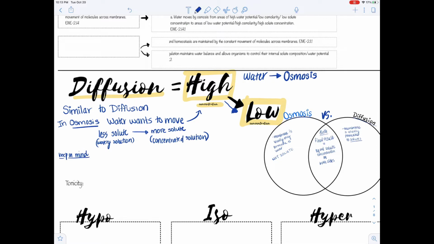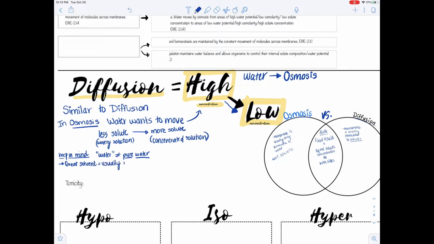Now, we also want to keep in mind that anytime we're referring to water, this is not equal to just pure water. Because water makes such a good solvent, we're usually going to have water exist as a solution.